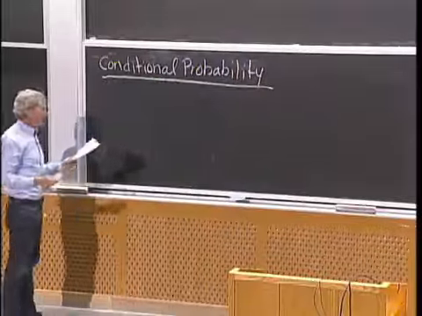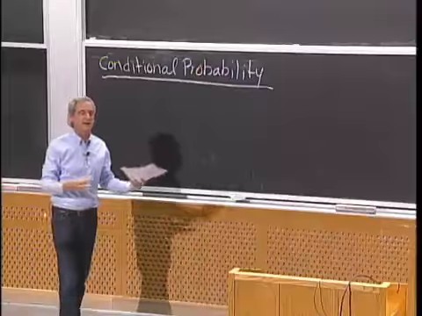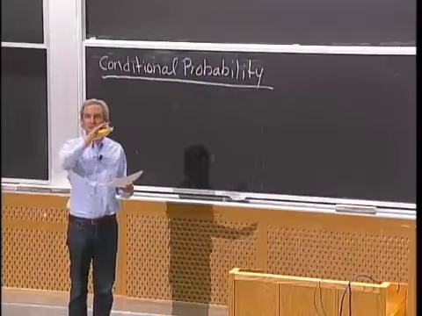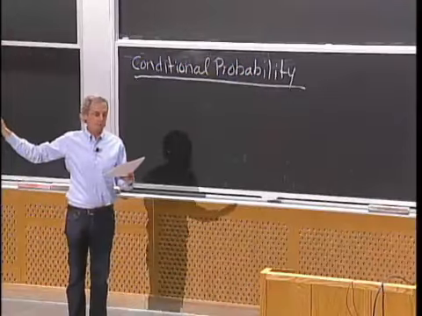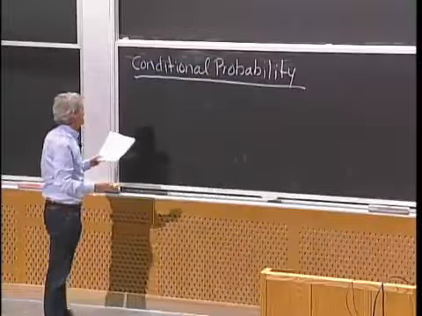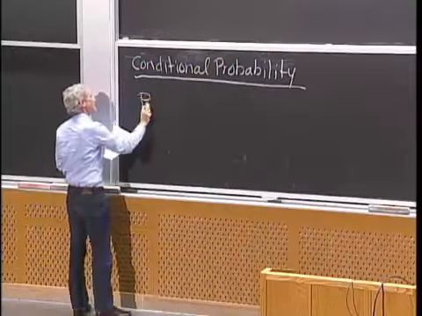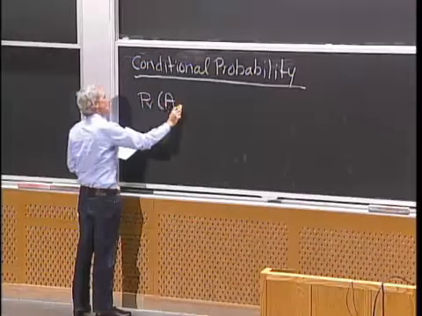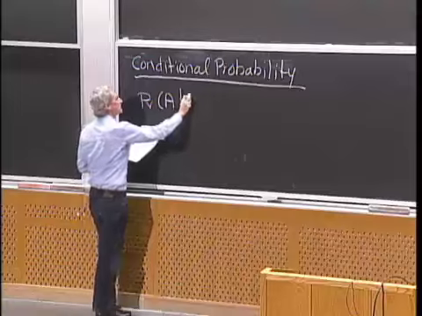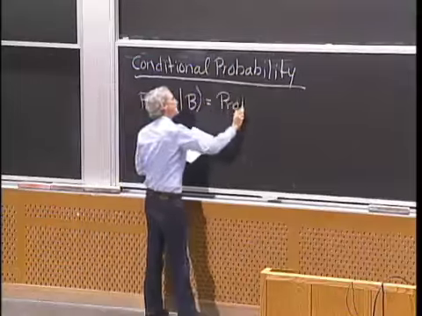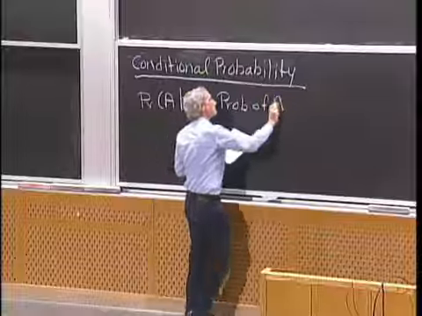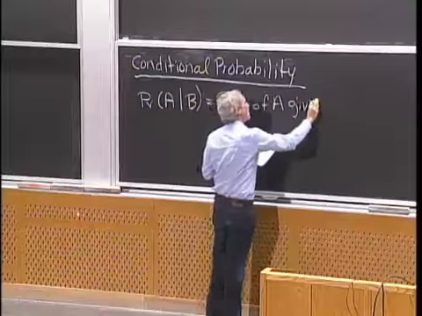Now, in general, you have something like the conditional probability that an event A happens given that some other event B has already taken place. And you write that down as the probability of A given B. And both A and B are events.